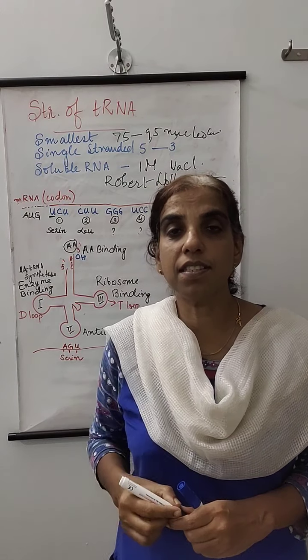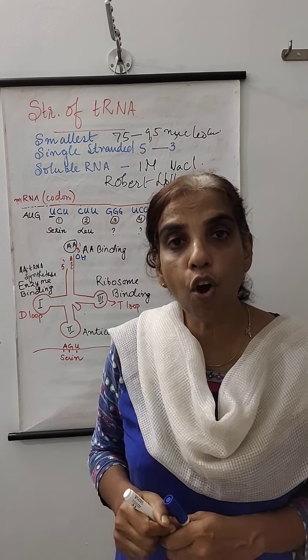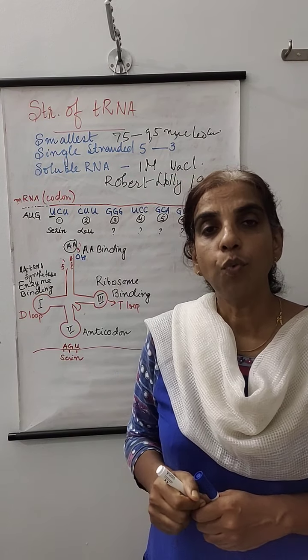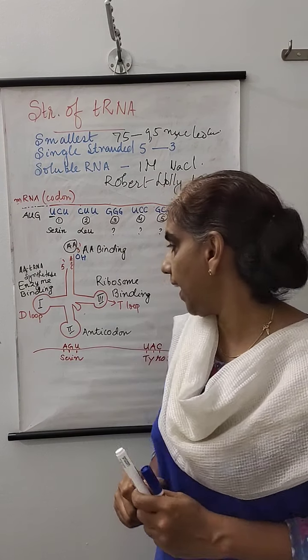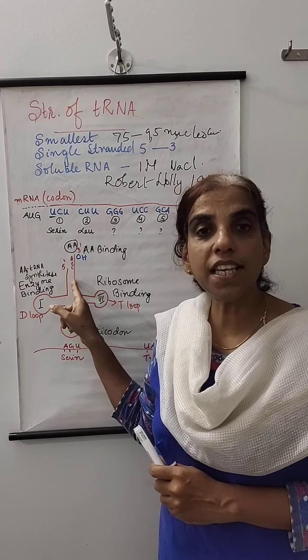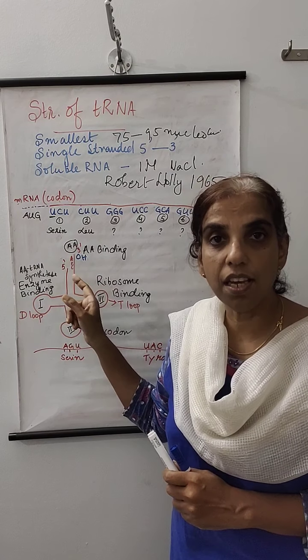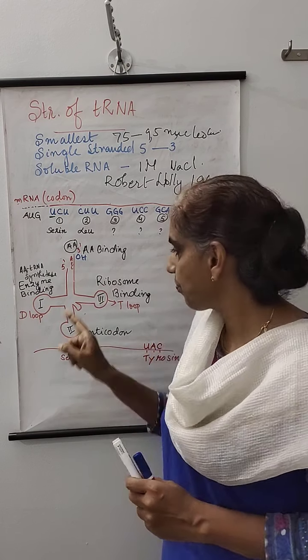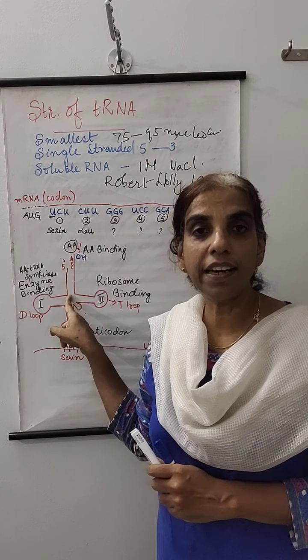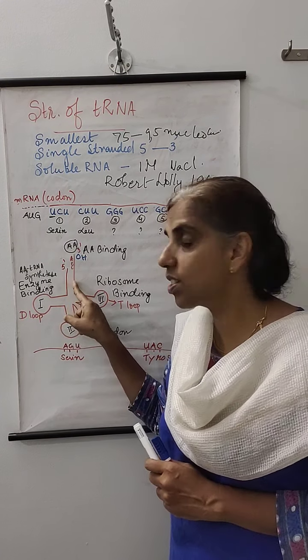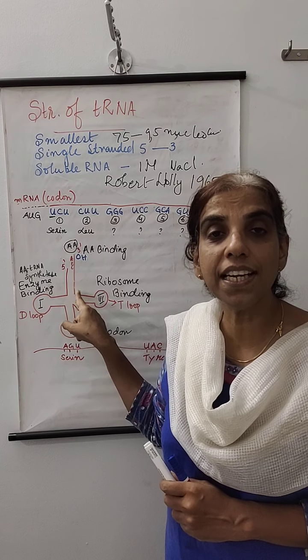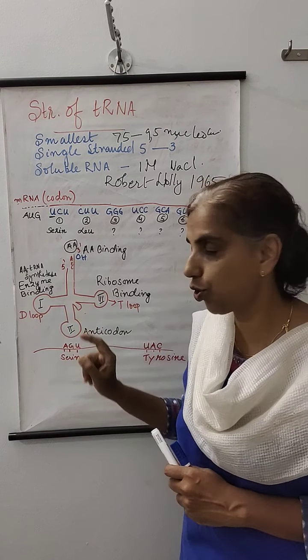As per this cloverleaf model, this single-stranded RNA twists and coils on itself. Because of this, the single-stranded RNA looks like a twisted and coiled structure.